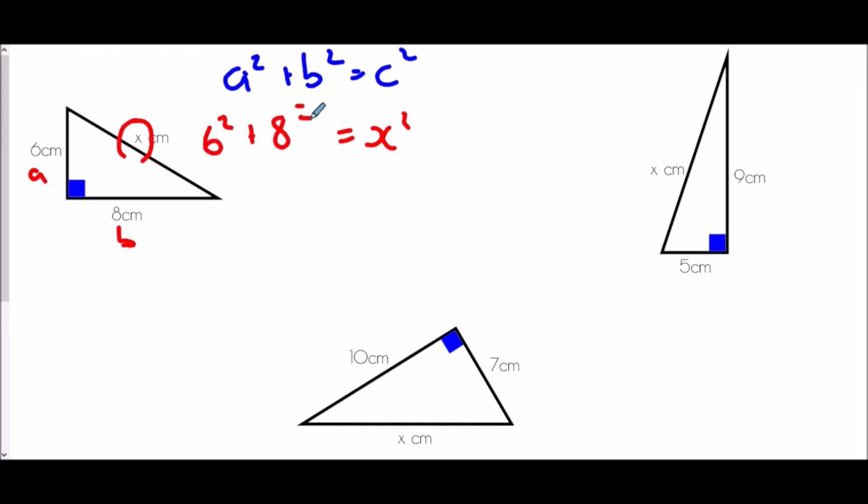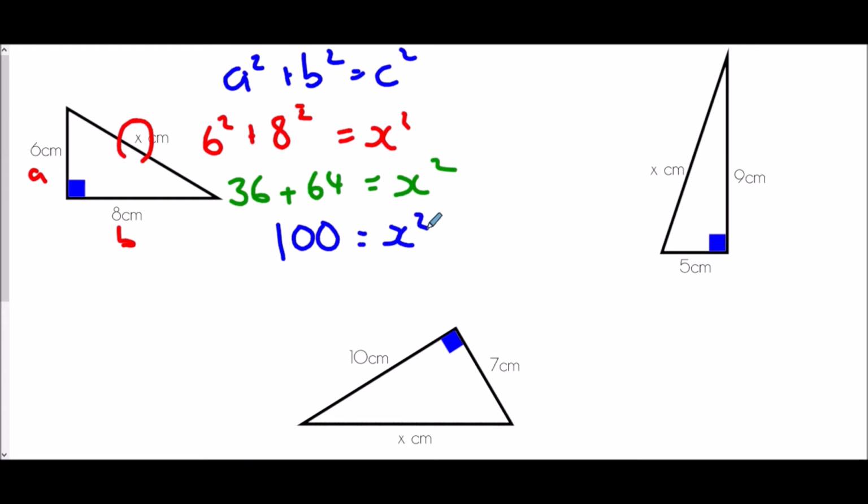squared equals x squared. Now in some of these cases these questions will be non-calculator, and that's because the square numbers involved are ones that we should be aware of. 6 squared is 36 and 8 squared is 64. Now that still must equal x squared. What is 36 plus 64? Well, that is 100. And so 100 is x squared.